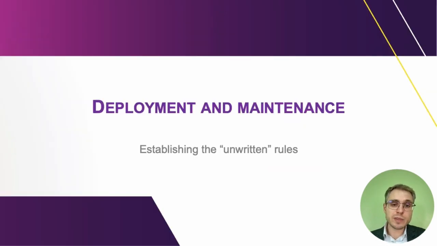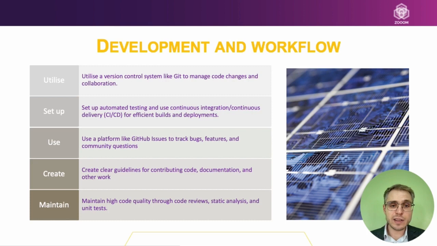When it comes to deployment and maintenance, again, here you must follow at least the following 5 principles. So first, utilizing the version control system, setting up clear guidelines, maintaining high code quality through reviews or static analysis or unit testing.